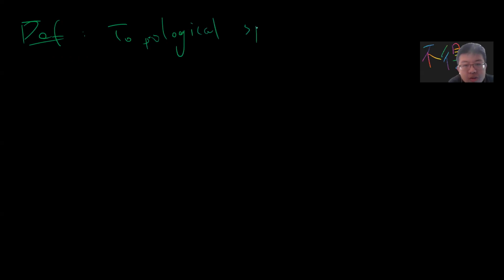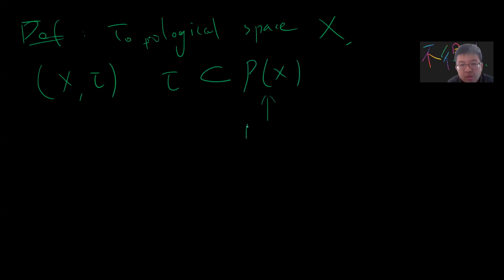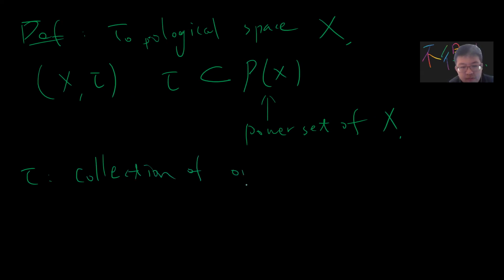When somebody says topological space X, they mean the pair (X, tau), where X is a non-empty set and tau is a subset of P(X), the power set of X. Tau is the collection of open sets. I define every element in tau to be open, and every open set is exactly in tau.